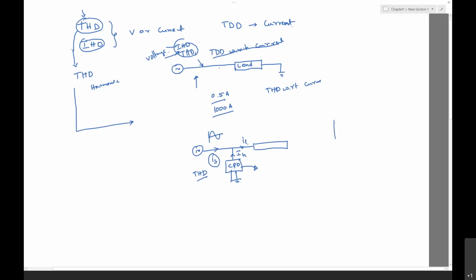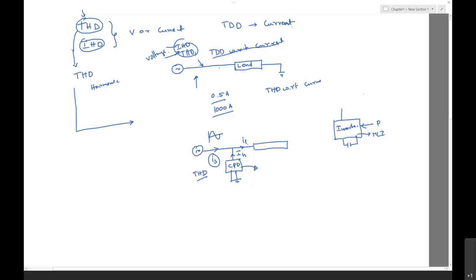Whenever an inverter is there, if you want to know the performance of an inverter, we will be operating this inverter using pulse width modulation or any kind of modulation scheme, and we may use it as a multi-level inverter also. To distinguish the multi-level from the two-level, how do you quantify it?